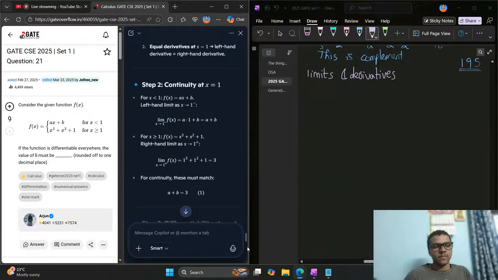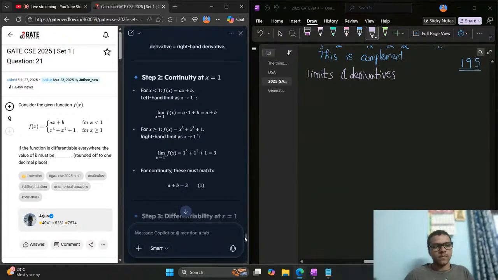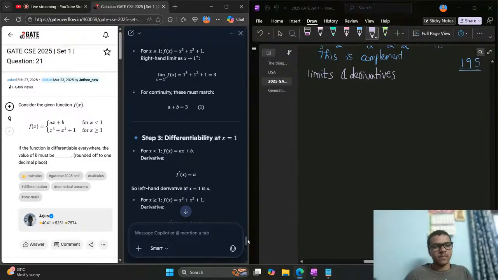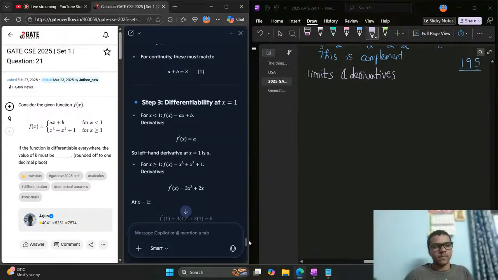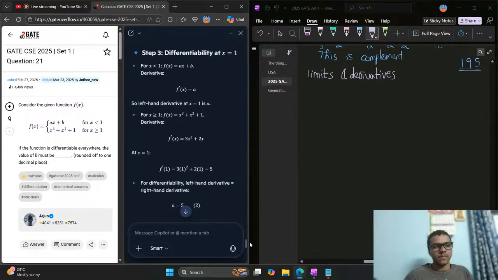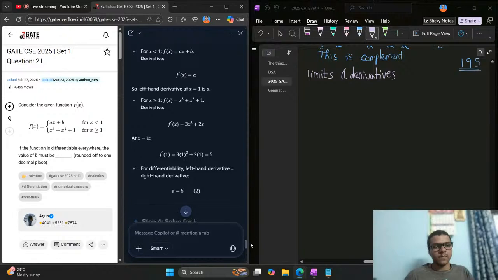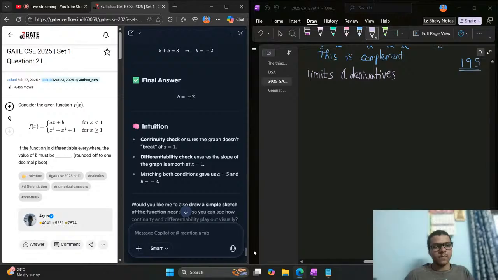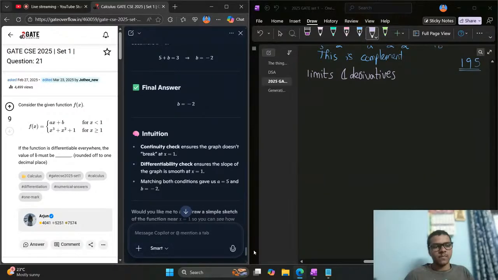Continuity ensures the graph does not break.